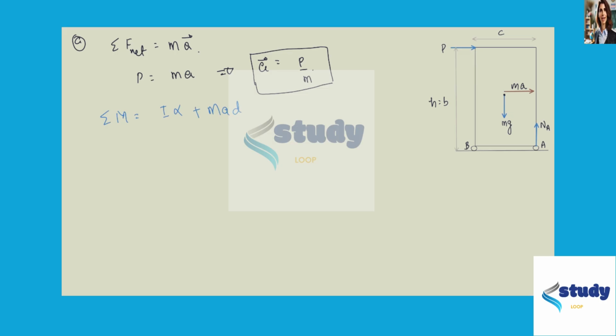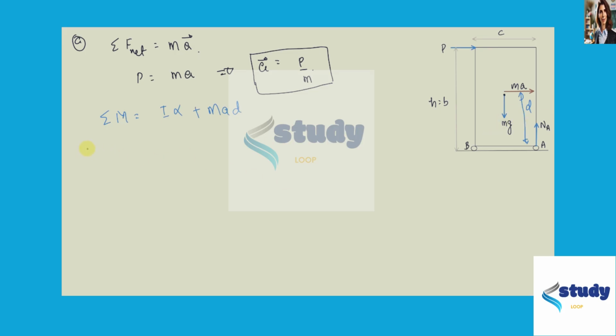So this distance would be d. So we can take moment there. The moment about there would be due to three forces acting, that is the force P, the mg force, and Na.